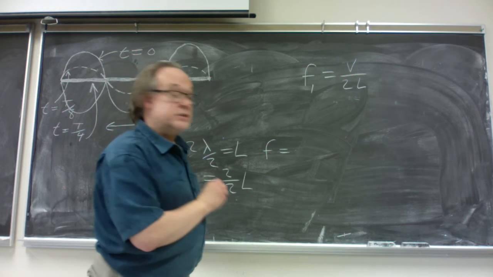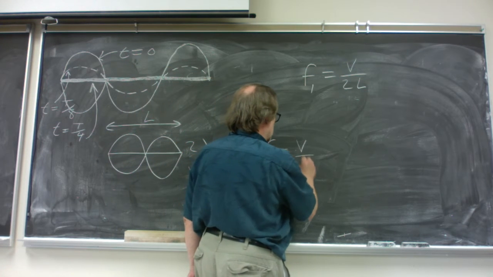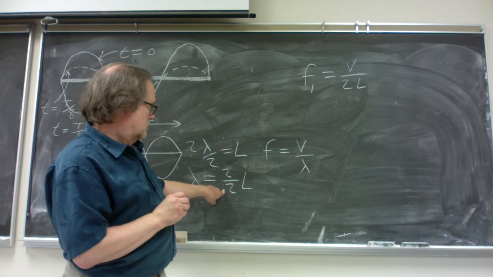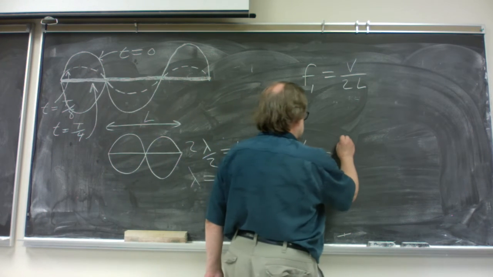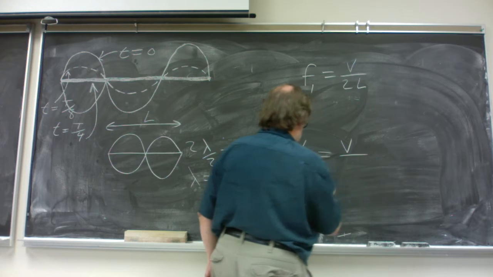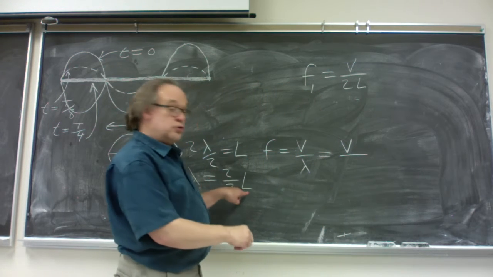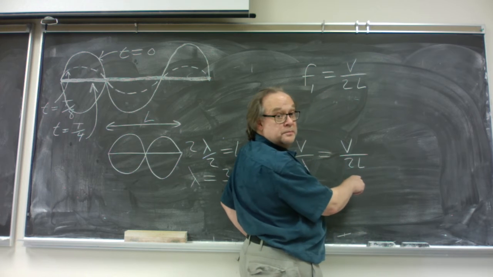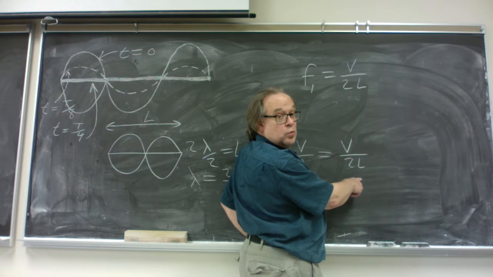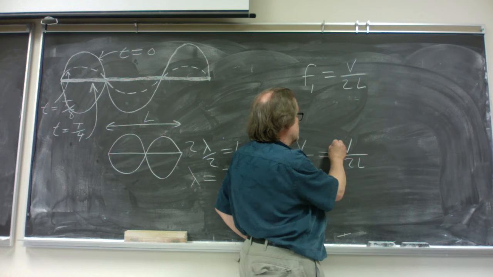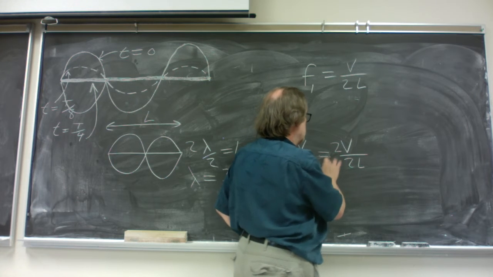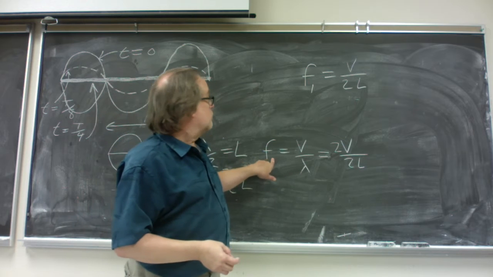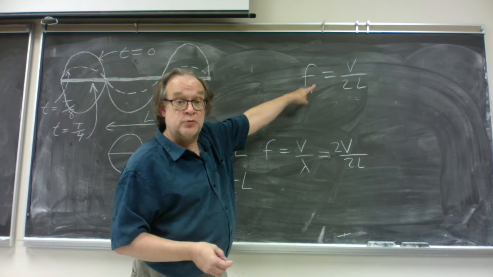Frequency is wave speed over wavelength. There's wavelength. So the wavelength is 2L over 2. But when you've got 1 over 2 in the denominator, that's the same as putting 2 in the numerator. So now you see that this frequency is twice this frequency.